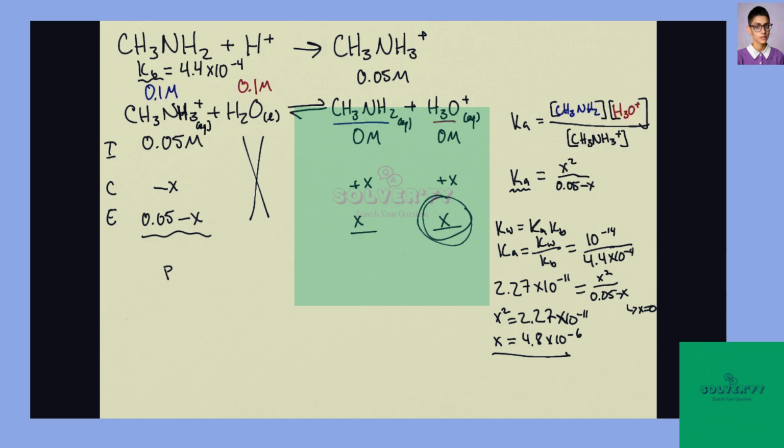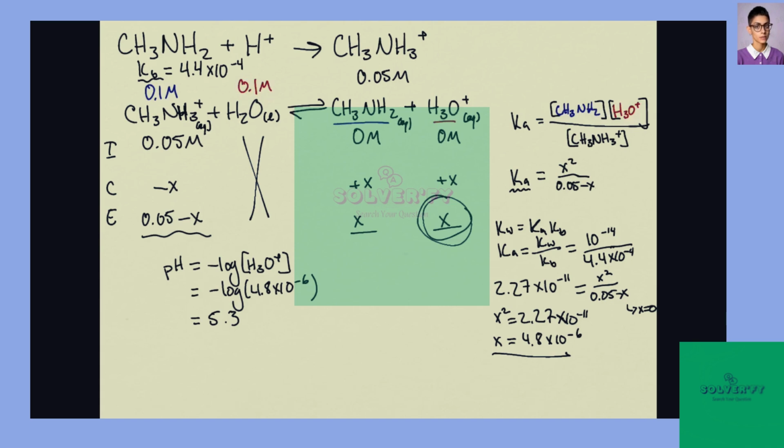So now we can solve for the pH. pH is equal to the negative log of the concentration of hydronium ions. So it's equal to the negative log of our value of x, which is 4.8 times 10 to the negative 6th. And this is 5.3 for our pH at the equivalence point of this titration.